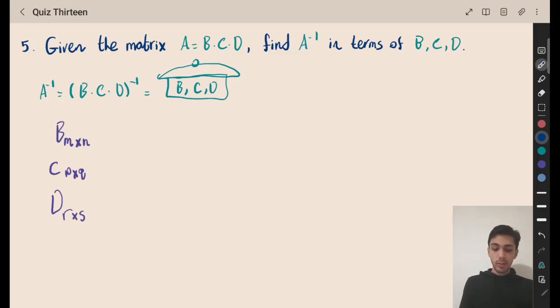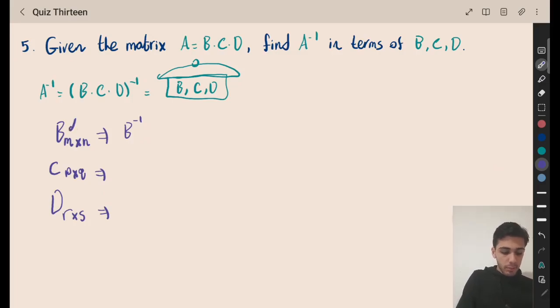Okay, so we would like to have this now in terms of B, C, and D. This involves the inverse. Then I think it is fair if we take a good look at the inverses for each map.